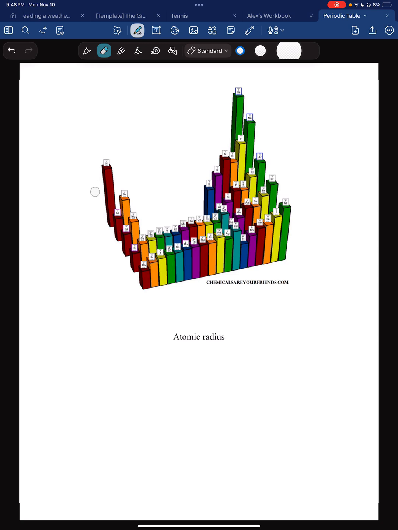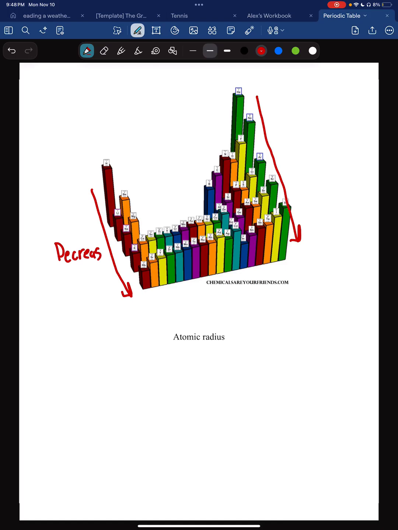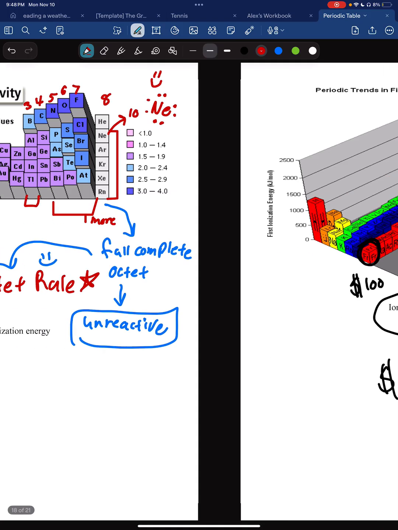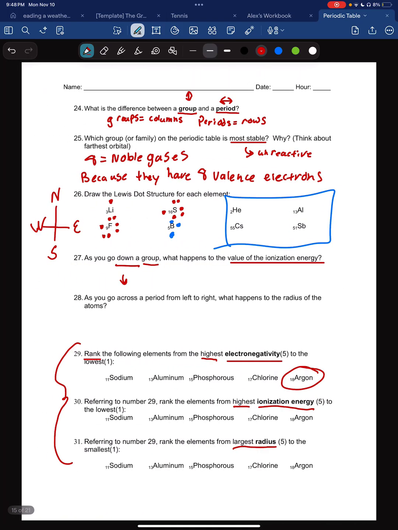As you're going down the group, what happens to the value, right? So if you're going down here, the value of the ionization energy decreases. So decreases.